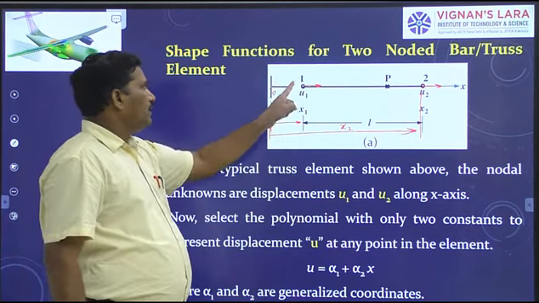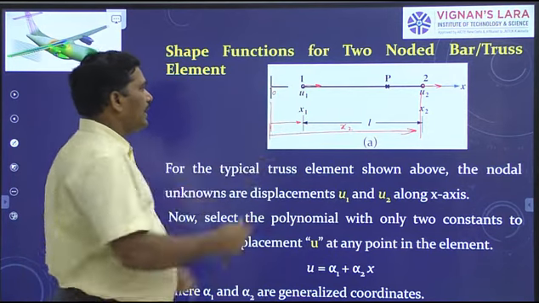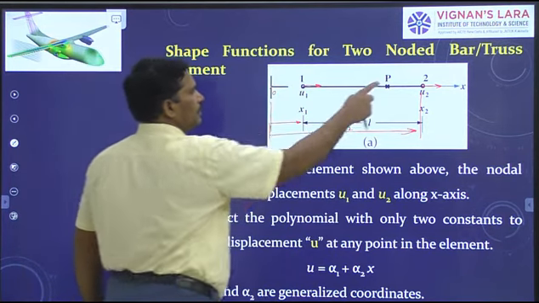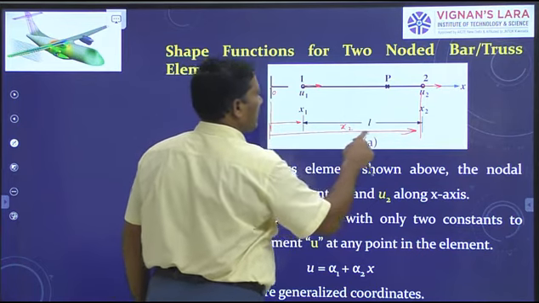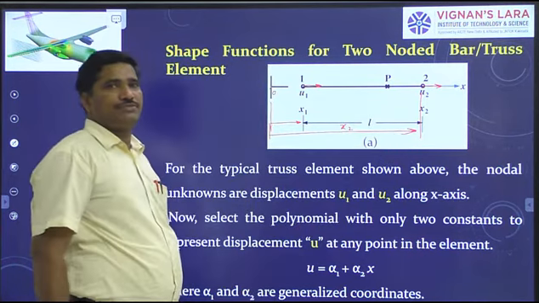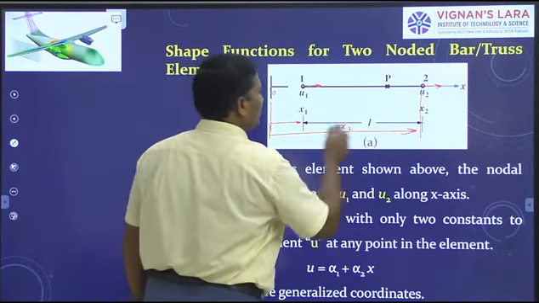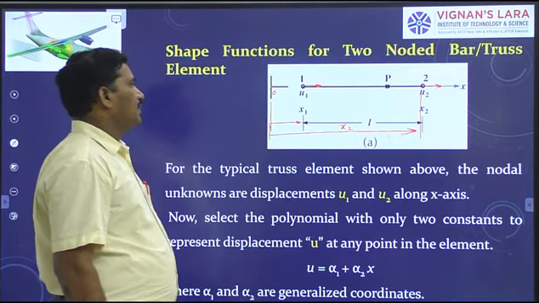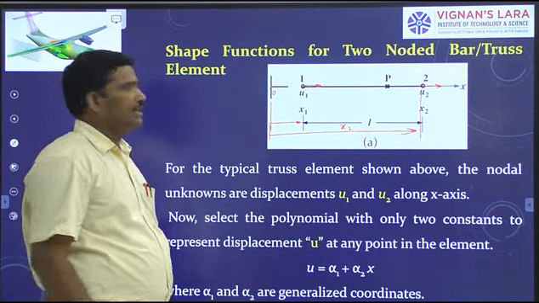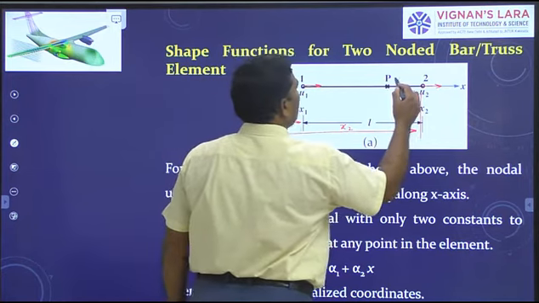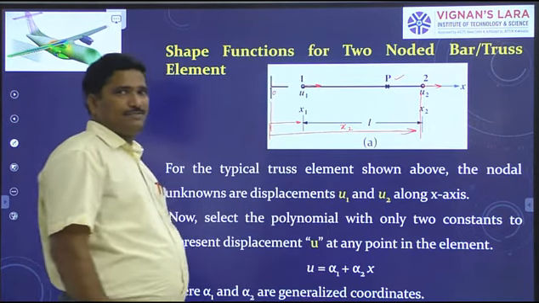Node 1 is specified by the coordinate x1, and node 2 is specified by the coordinate x2. Then, what is the length of the element? x2 minus x1.